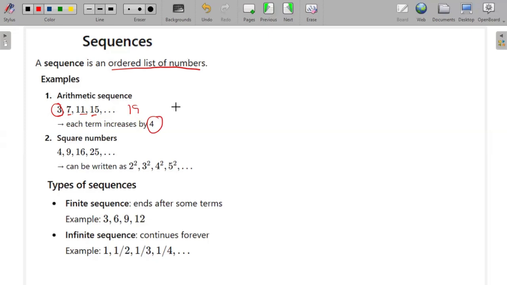So that's what a sequence is. Another example is the squares of numbers, which in our case is just given as n to the power 2. You see you have 4, 9, 16, and 25. Here n starts at 2, then 3, 4, all the way up to infinity.